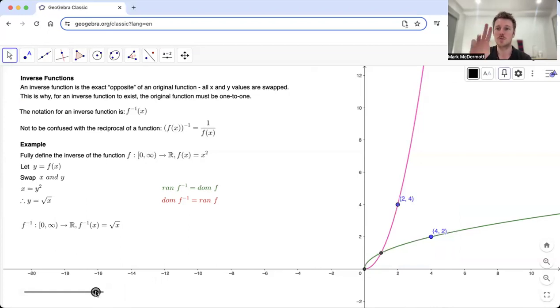Because if you swap x and y values, but the x and y values are the same, then they must intersect on this orange dashed line, which hopefully you've guessed by now is the line y equals x. Okay, so a couple of things there. The inverse function, you're swapping the x and y values, they're going to intersect on the line y equals x. And the domain and range make a direct swap. Hopefully that clarifies one of the more simple examples of what an inverse function is.